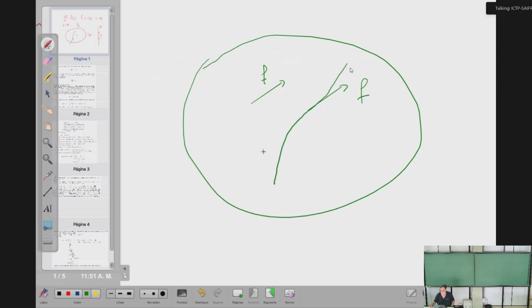The vector field here goes like this, and then goes like this. And so one way of solving for it is to approximate. You take any point here, look at the vector, let's say here the vector points in this direction.